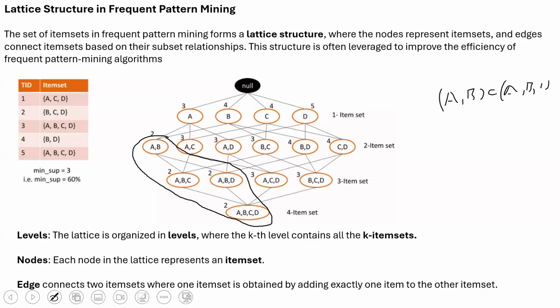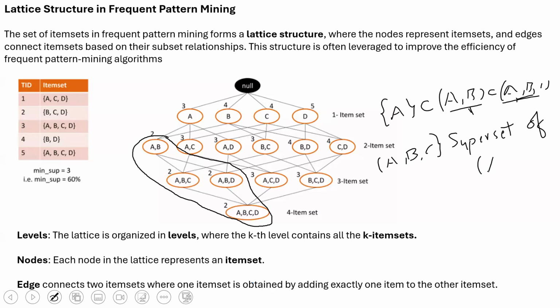So A is called the subset of AB. And ABC is called the superset of AB. So ABC is superset of AB, and AB is subset of ABC. Just remember the terms. ABC is superset of AB.